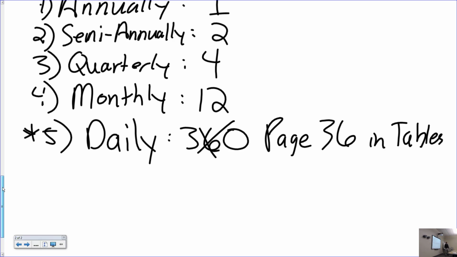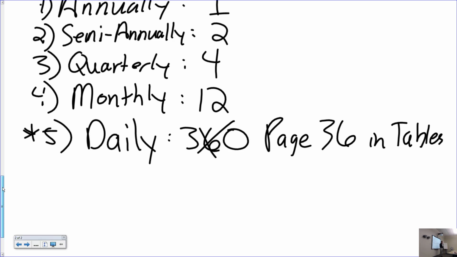It is literally page 36 in the tables, okay? So the number along the bottom of the tables is 36. If you would just turn to that page, you will see the table that you use to deal with compounding daily, okay? What I would recommend, again, you don't necessarily have to do this, but this is my recommendation to you folks, is put a little sticky note on this page and write daily compound.